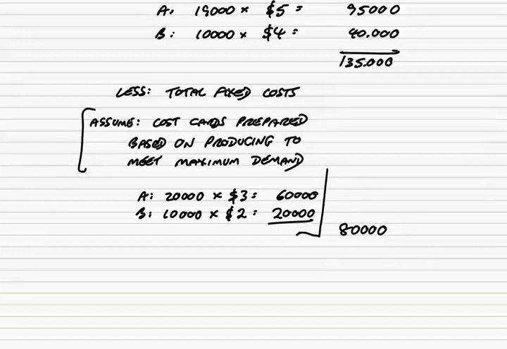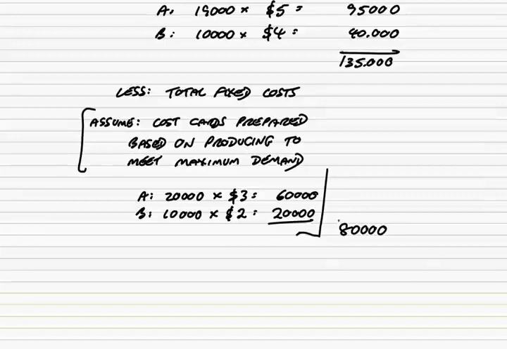Now I'm repeating this for the third or fourth time. Of course, we end up not producing 20,000 A's and 10,000 B's. But even though the actual production is lower, the total fixed overheads, by definition, we assume remain unchanged, that the fixed overheads will stay at 80,000, however many we ended up producing. And so on that basis, we'd worked out contribution based on what we produced.